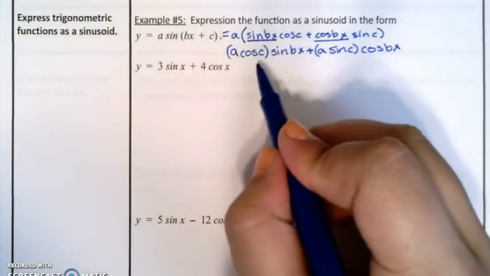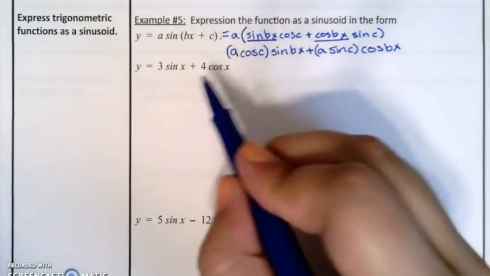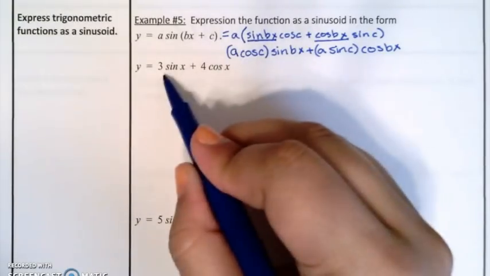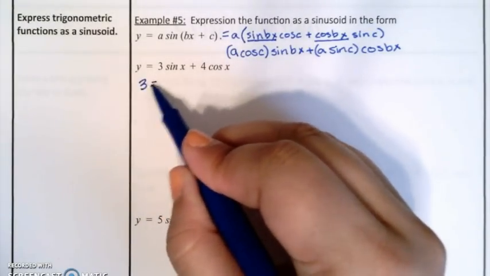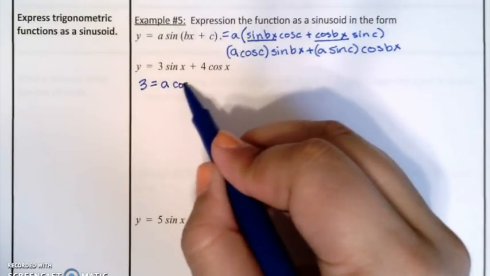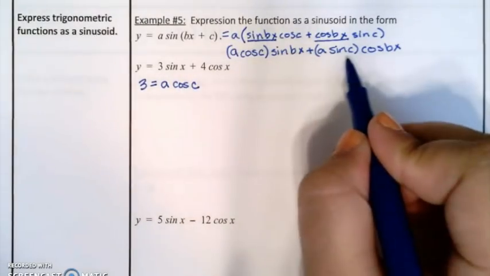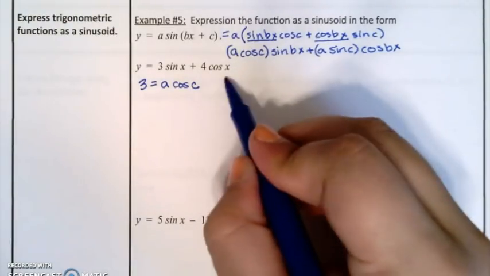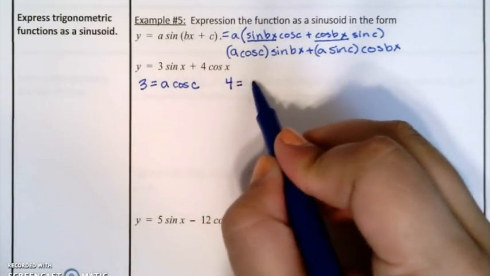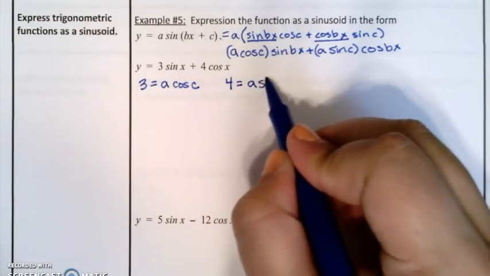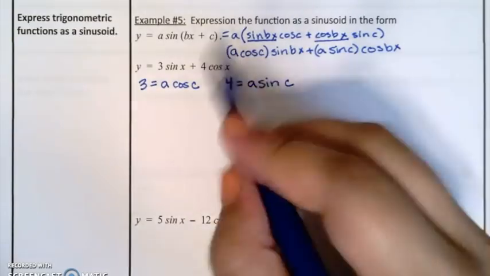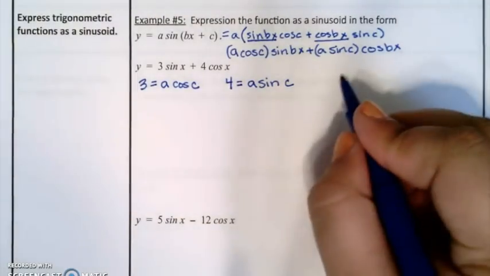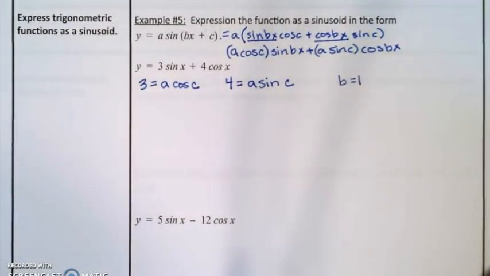So now I have something that's a very similar form to what I'm looking for, except that my coefficient here, 3 equals a times cosine of c, and the coefficient of the cosine term here is 4, so I want that to equal a times sine of c. And then here I don't have a coefficient of the x, so I want my b to be 1.